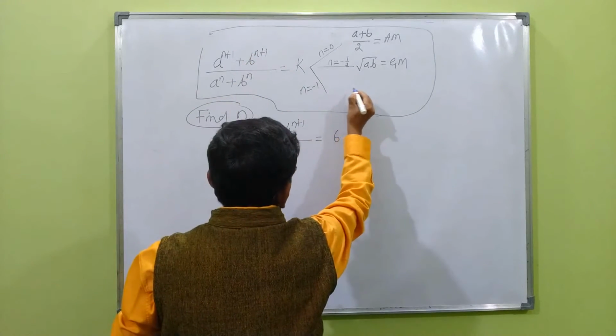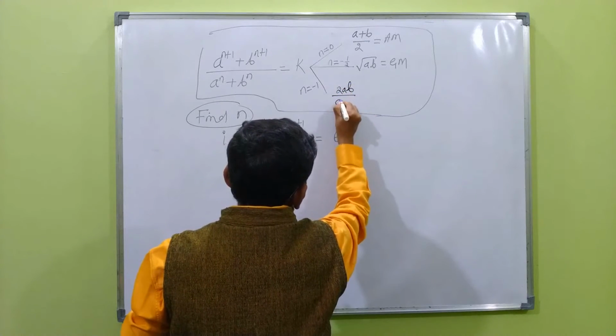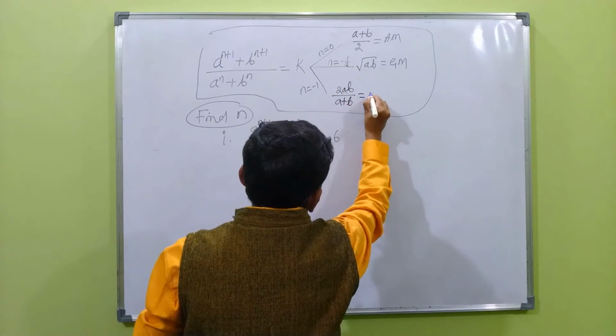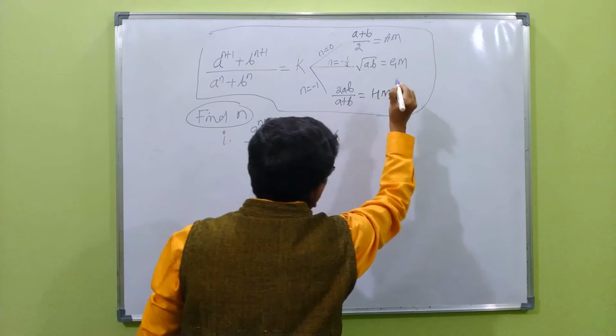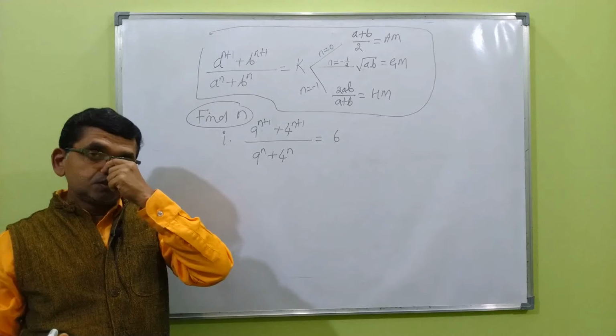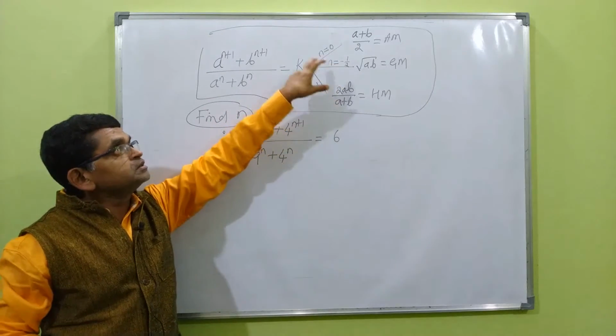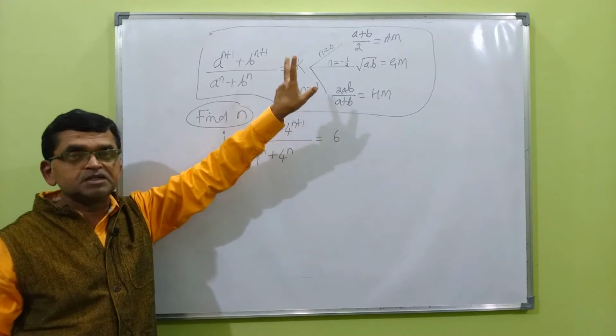So this is 2ab divided by a plus b. So this is nothing but harmonic mean. Okay, now the question will be asked to find the value of n. Usually that is among the 3, any one among the 3 only.